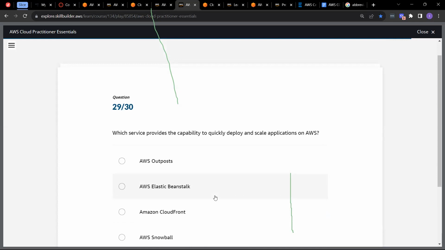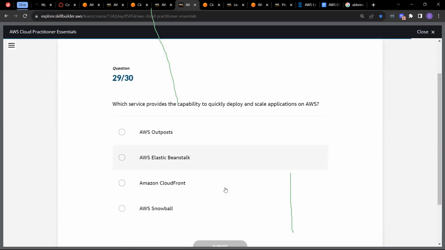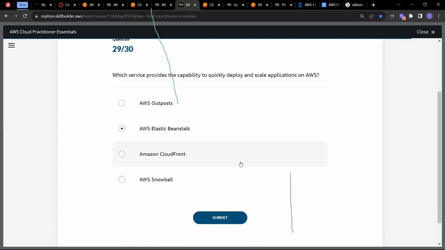Which service provides the capability to quickly deploy and scale applications on AWS? Beanstalk. This one will be Beanstalk. Elastic Beanstalk. We learned Beanstalk like a week ago.